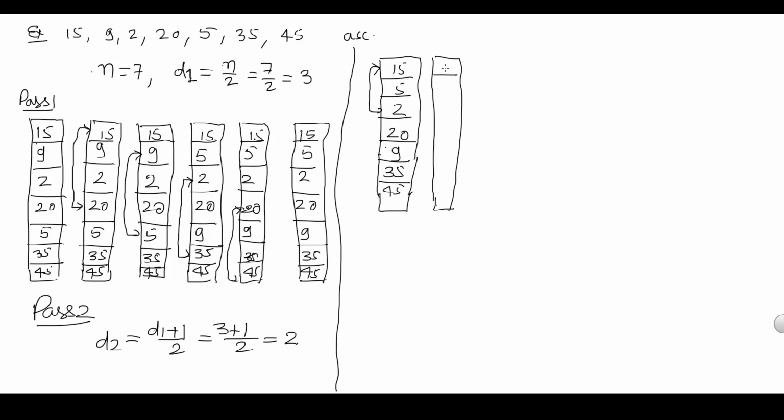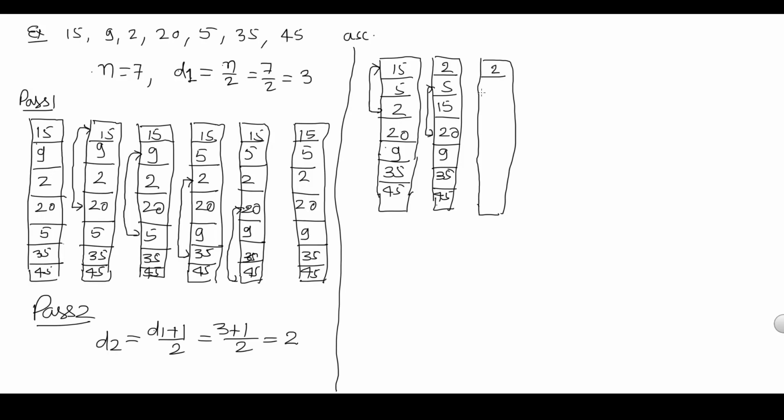So 2 will come here, 5, and after swapping 15 will come here, then 20, then 9, then 35 and 45. Next we will compare 5 with 20. Because 5 is less than 20, not greater than 20, we will not do the swapping.